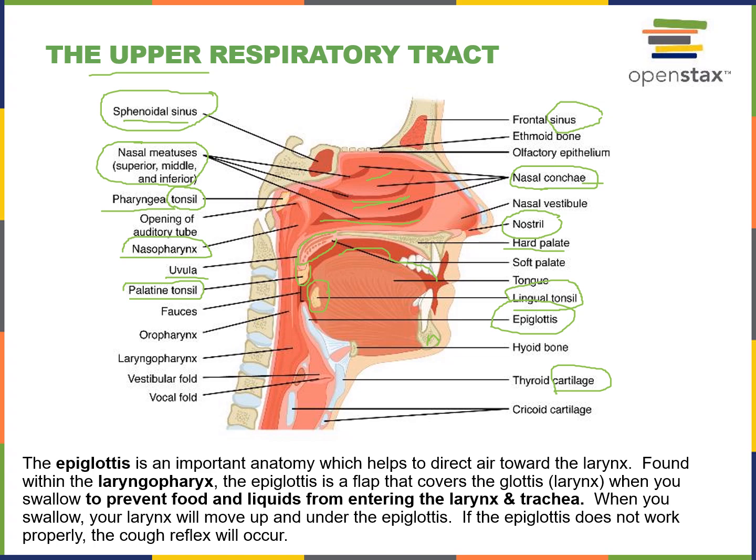So because the pharynx is shared between three areas, the area behind the nasal passage is referred to as the nasopharynx. The area behind the oral cavity is referred to as the oropharynx. And the area that is very close to the voice box, the larynx, is referred to as the laryngopharynx.